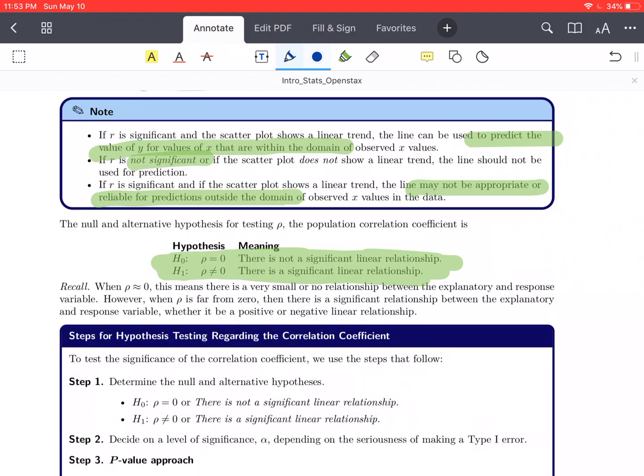Notice that this is a not equal to, so that tells us this is a two-tailed test. That's going to come into play when we're actually testing our values. And remember, when the r value, in this case rho, is about 0, that means there's very small or no relationship between the variables.